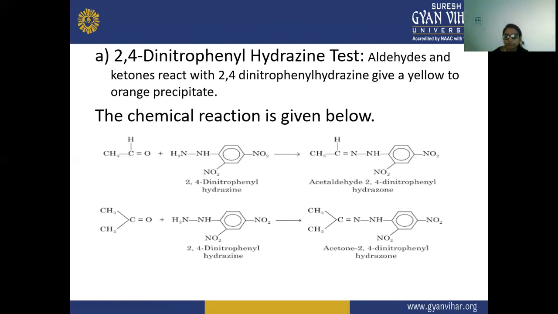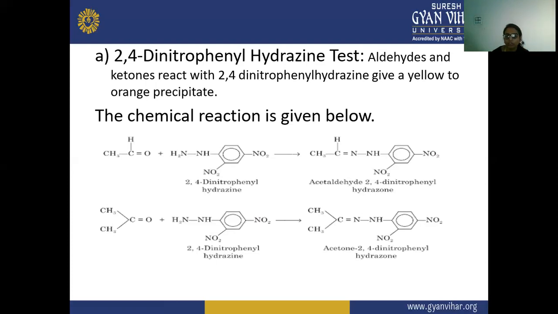The aldehyde and ketone are reacting with the compound that contains nitrogen, and after that there is a reaction between both of them. There is a removal of a water molecule from the reaction product, and the product of this qualitative test has a carbon-nitrogen double bond.